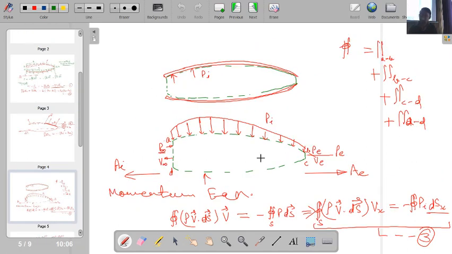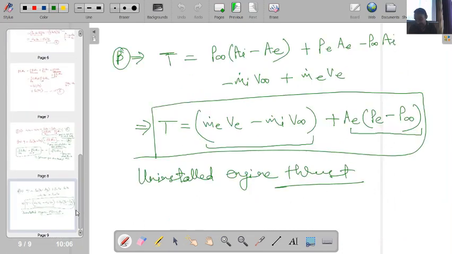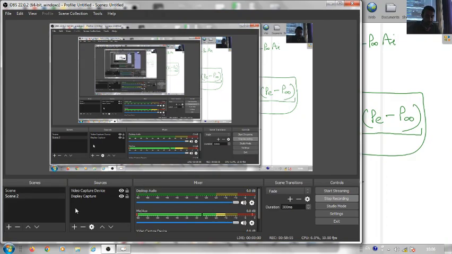But by applying this momentum equation, this pressure force has become nothing but the rate of change of momentum, and ultimately it has given us the simplified thrust equation in the form of an algebraic equation without even knowing the actual surface pressure distribution. Okay, so that is the beauty of the integral form of the momentum equation, which we have just now seen.